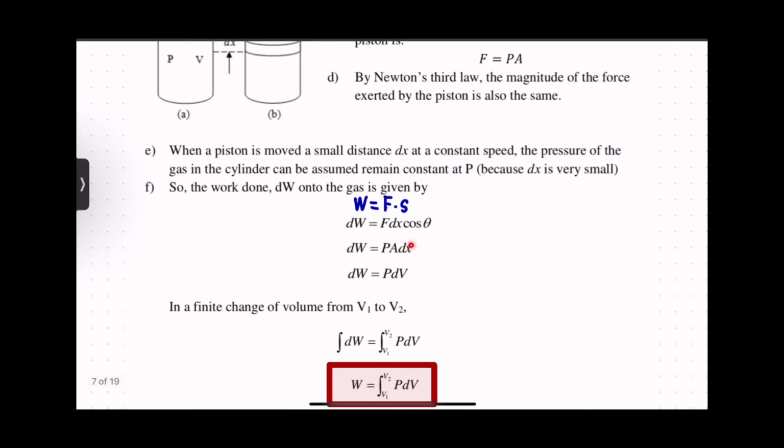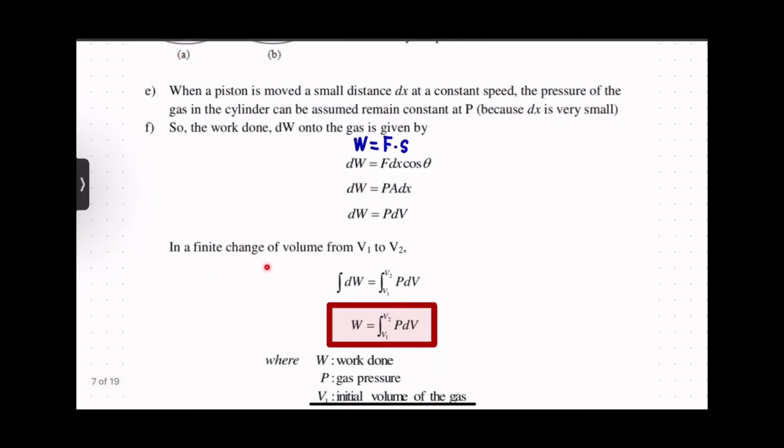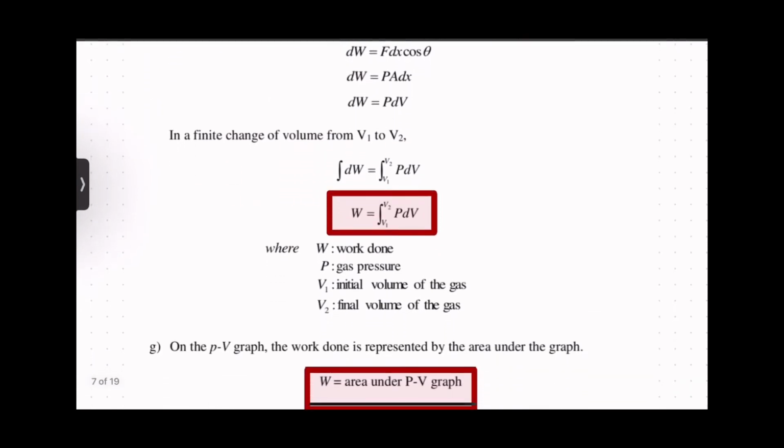So it becomes volume V. So dW is equal to P dV, meaning the change of work is equal to P times the change of V. For an infinitesimal change of volume from V1 to V2, we integrate this equation and get work equal to the integral of P dV from V1 to V2.